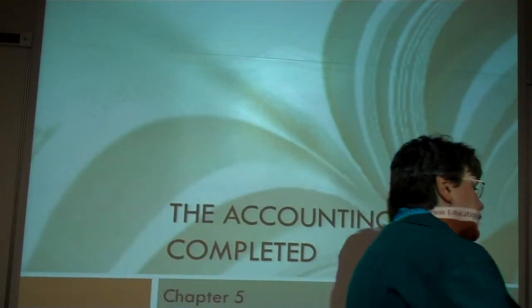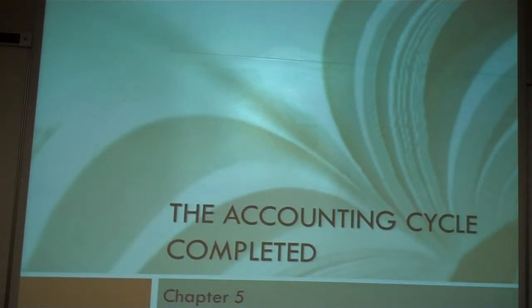So in Chapter 5, we're going to cover recording the adjusting entries and then also closing the temporary accounts. And I'm going to try to divide it into 2 lessons. I hope that we'll get both of them finished today. If not, we'll have to finish the closing entries next week on Tuesday.